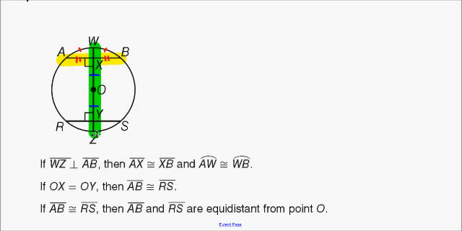And lastly, it says if chord AB is congruent to chord RS, then AB and RS are equidistant from point O. So basically these two say the same thing but in reverse order.